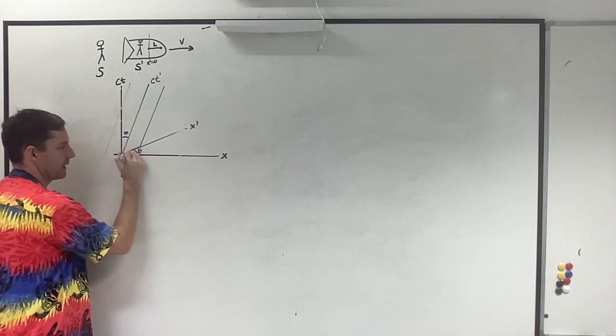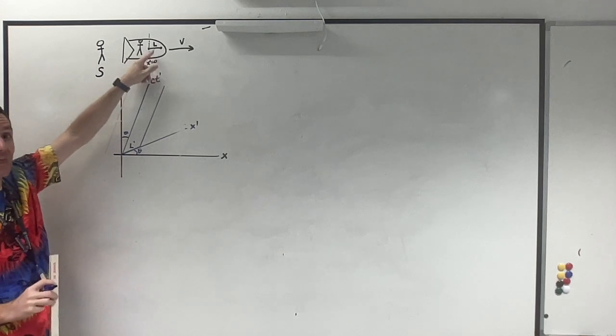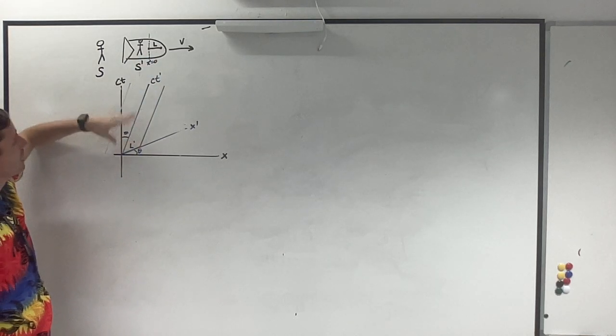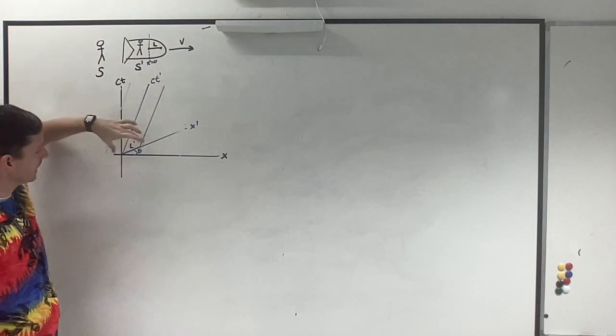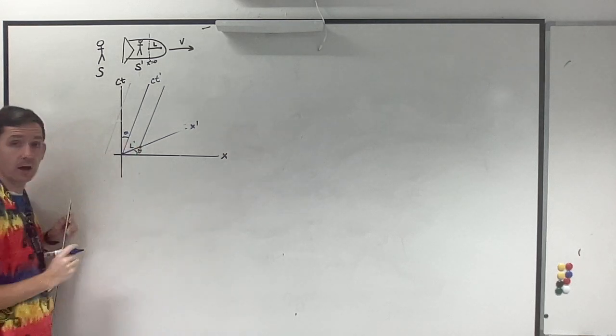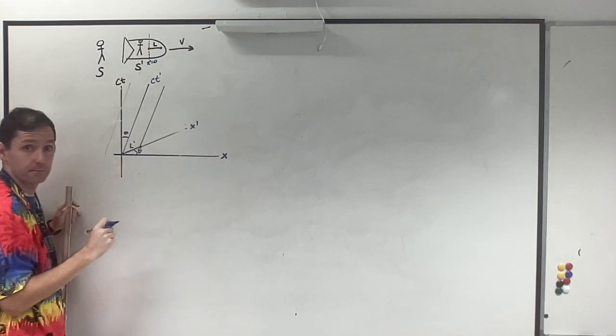This right here would be L prime. That's the length in this reference frame. The rod would go from the left side over to the right side, so they would measure this length from the left of the rod to the right of the rod. That is the perspective of the X prime.